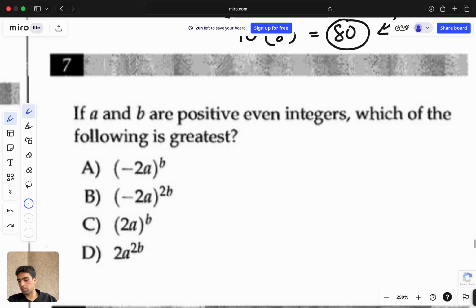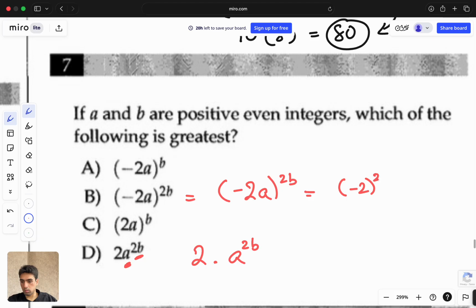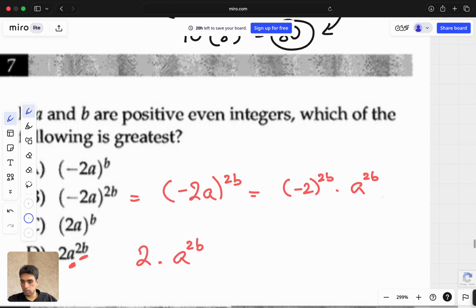And then because the difference is that in d, it's only a to the power of 2b, not 2 to the power. So it's 2 multiplied by a to the 2b. But in b, it's negative 2 times a to the 2b, which means everything is multiplied by this power. So it's negative 2 to the power b and a to the 2b.